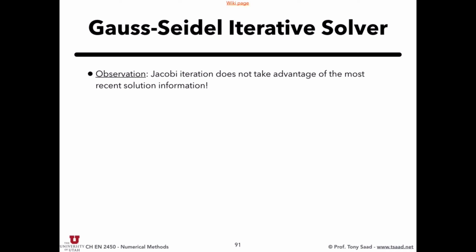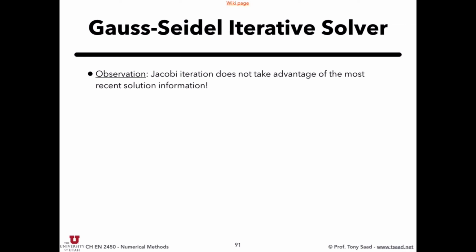One observation of the Jacobi iteration is that, if you remember the algorithm, x at k plus 1 is equal to an expression where everything on the right-hand side is at k. Think about it in the following manner. You go over x1, and you say x1 at k plus 1 is equal to everything on the right-hand side at k.